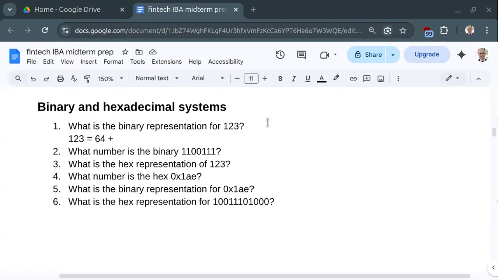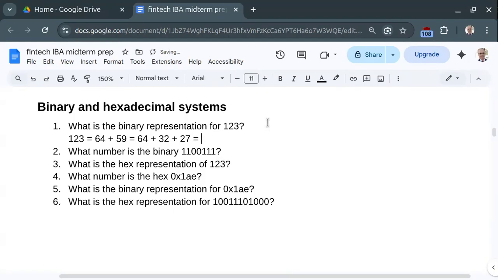Okay, so let me do it analytically. So it's 64 plus 59. Then, in 59, what is the largest power of 2 that you have there? It is 32, right? So I'm going to add the 32, and take 32 out of the 59, so it's going to be another 27, plus 27.